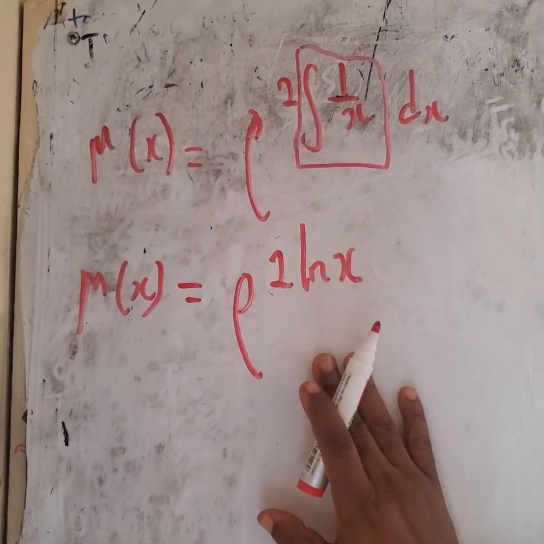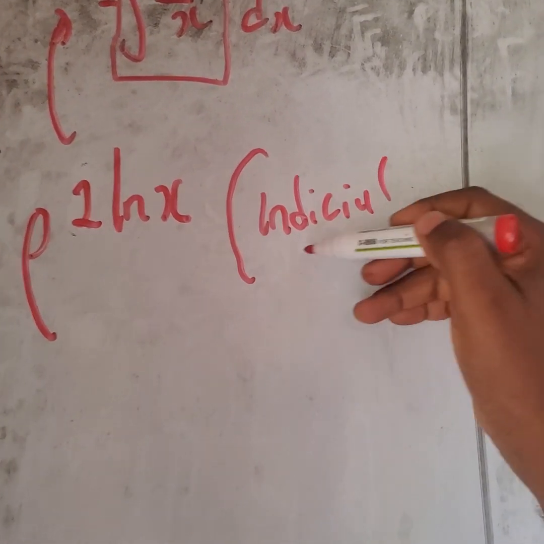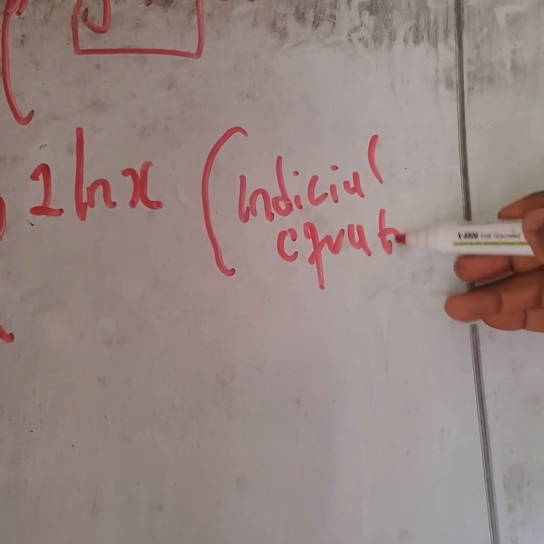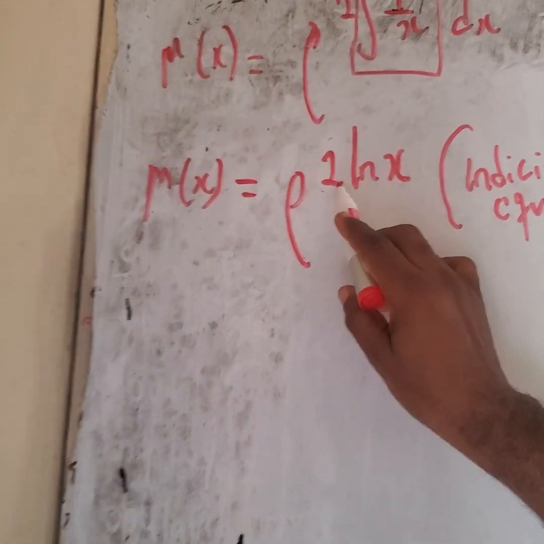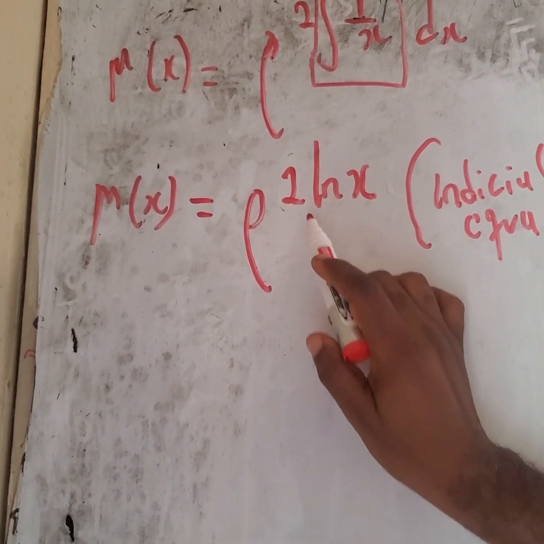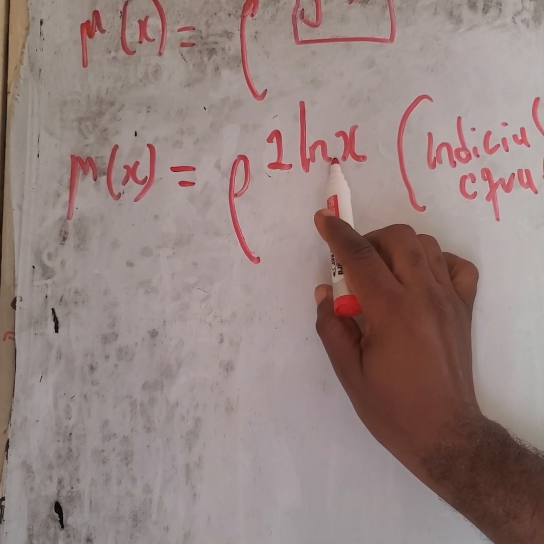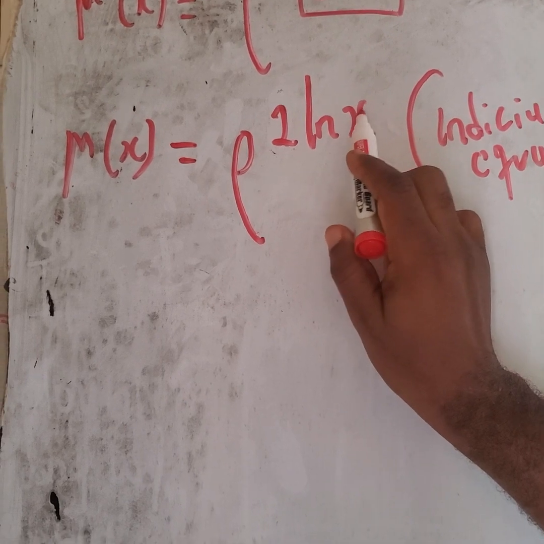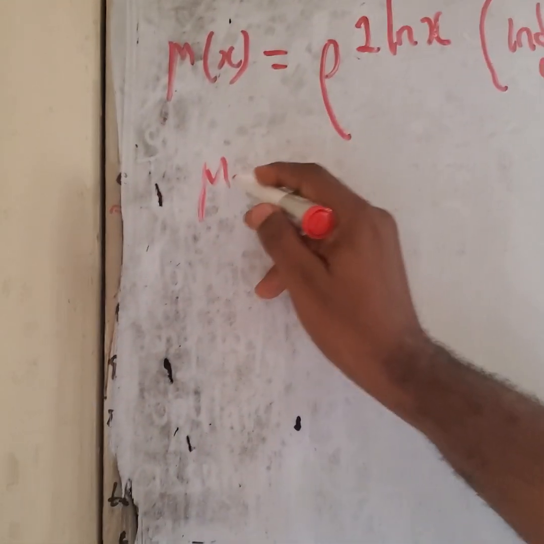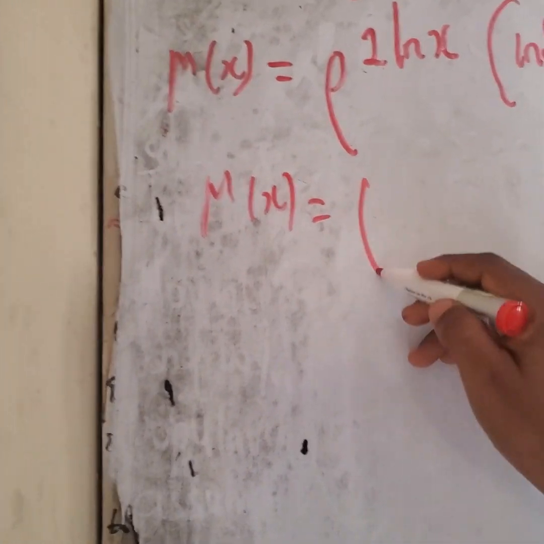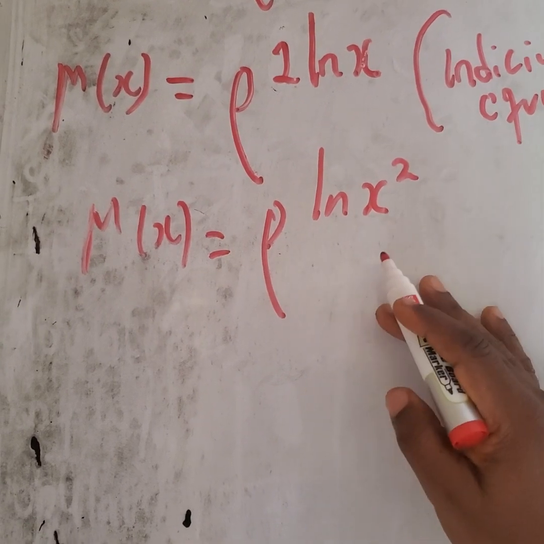This expression I have here is called an indicial equation, from the word indices, in the sense that this e is raised to this power. Now, according to the law of logarithm, when you see a constant multiplying the log, that constant becomes the power of whatever is inside. So this mu of x can be rewritten as e raised to power ln x raised to power 2.